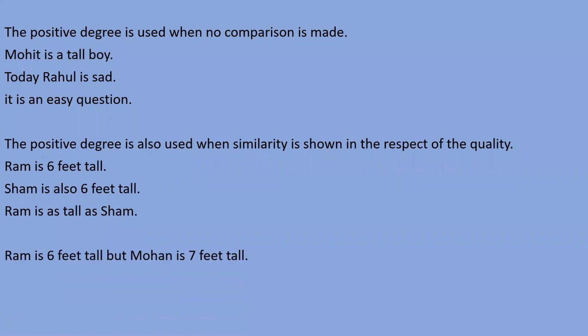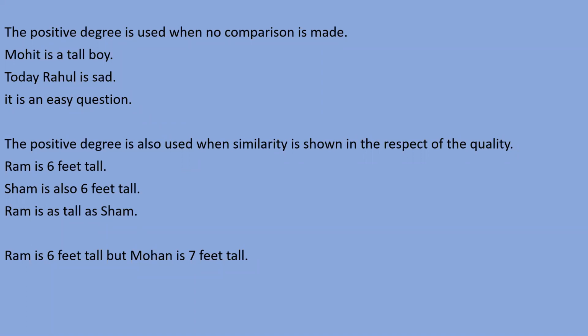Ram is 6 feet tall, but Mohan is 7 feet tall. Suppose that there is a second situation. Mohan is another boy, and he is 7 feet tall. That's quite tall.